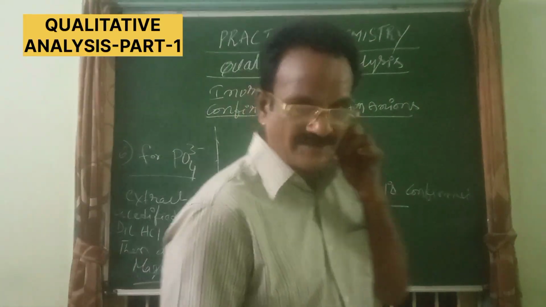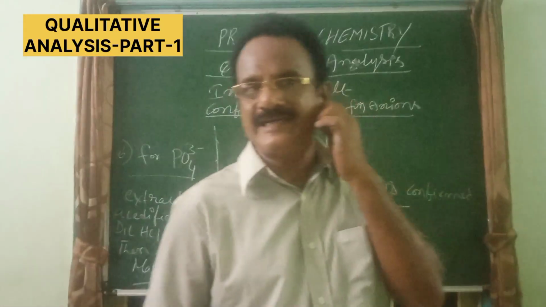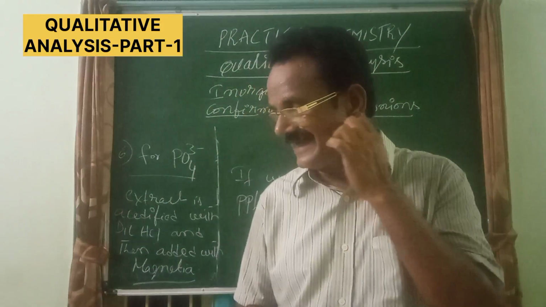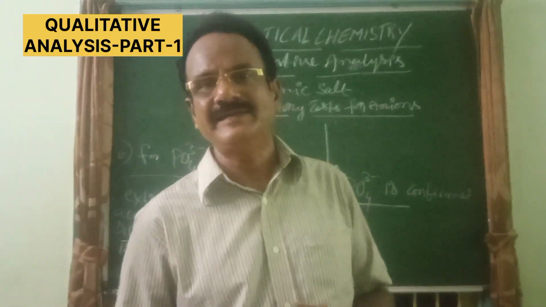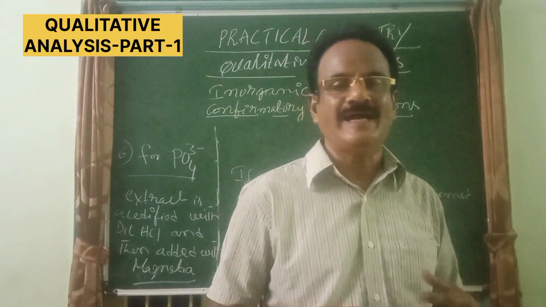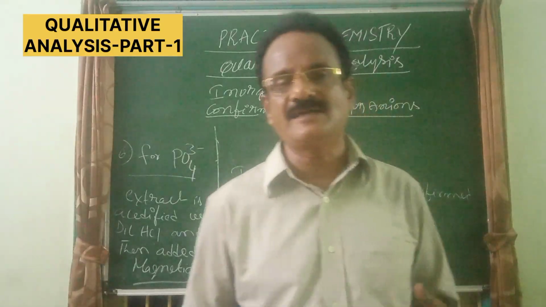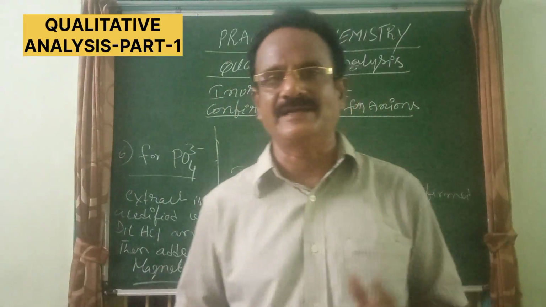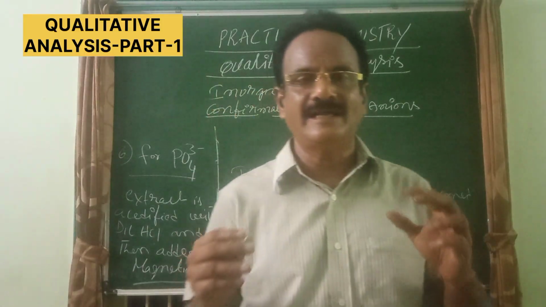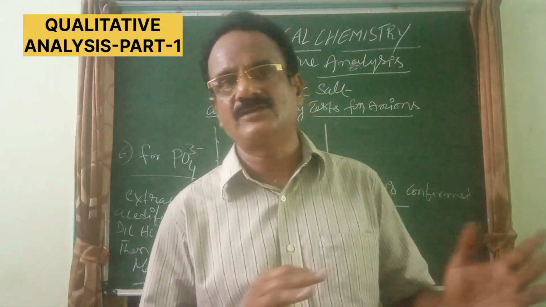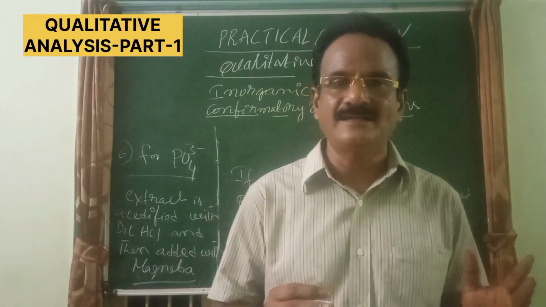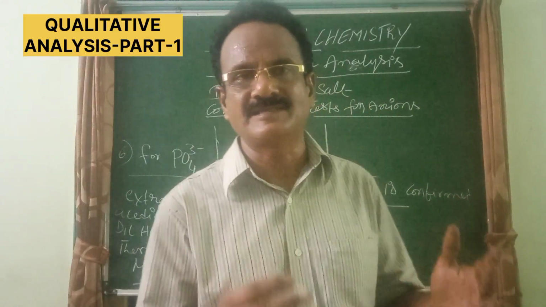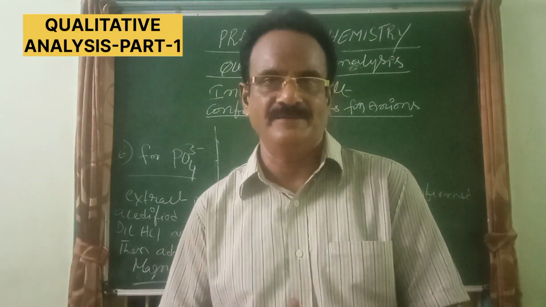After seeing this video, the student or analyst can get an idea about the following things. Okay, so while a simple salt or an inorganic salt contains anion and cation, the analysis should be carried out in 2 steps. At first, by following a systematic procedure, anion should be confirmed.